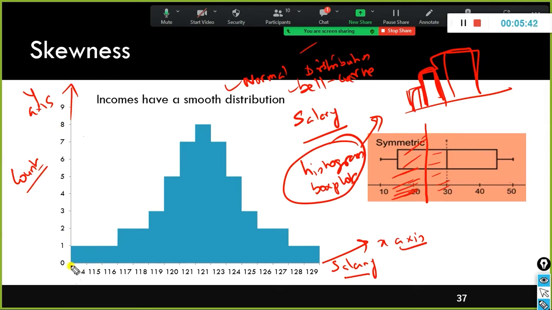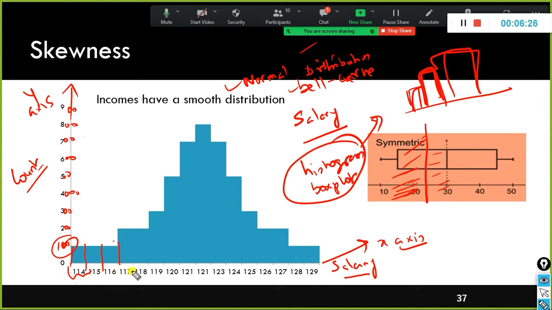For example, the salary range 1,14,000 to 1,15,000. How many people? Let's say the units are in hundreds: 100, 200, 300, 400, 500. So in my company, 100 employees have salaries falling between 1,14,000 and 1,15,000. Similarly for 115 to 116, another 100 employees, and likewise for the other ranges.